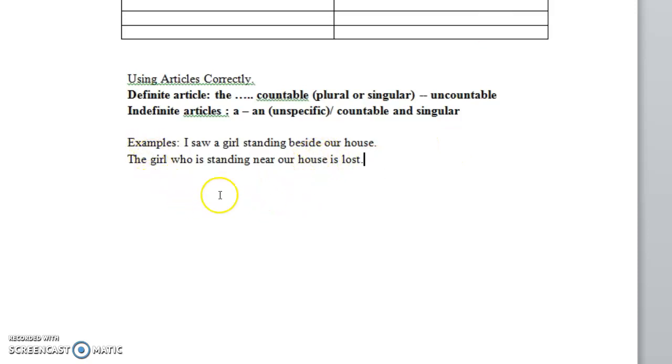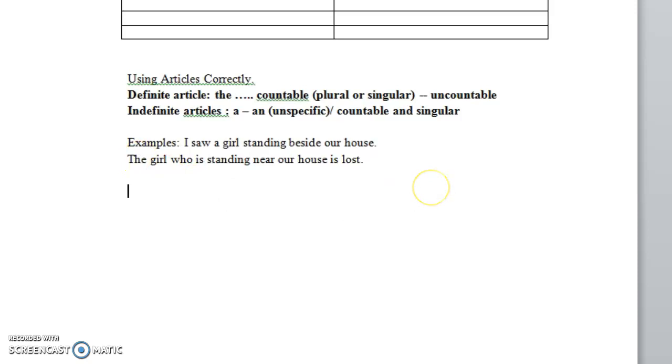Which girl? It's the girl who is standing near our house. So now the girl is specific. It's one girl. Okay, so we use the. So when we don't define the noun, we use a. When the noun has been defined, who is standing near our house, then we use the.